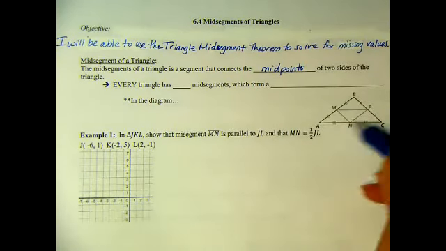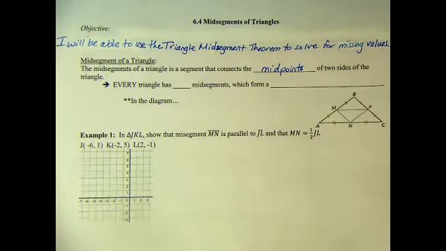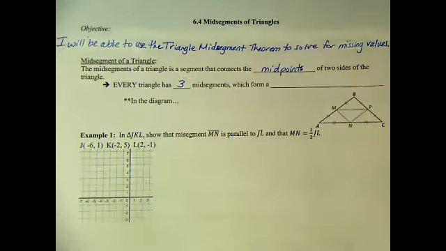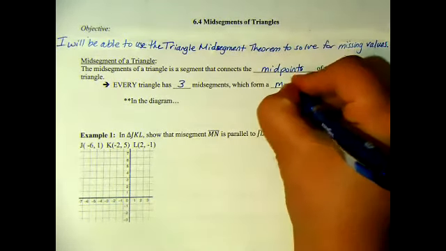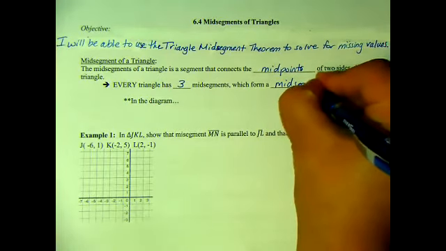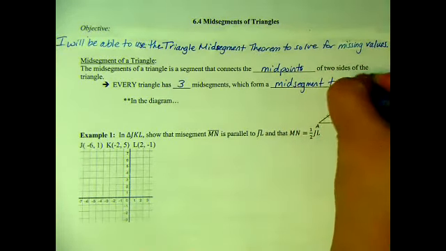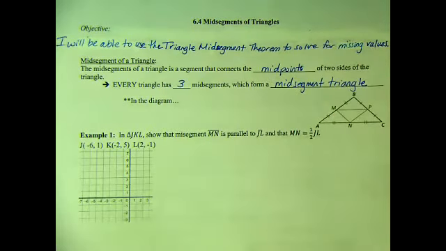With these two sides, it's connecting the midpoint of that side and that side. So you can have up to 3 mid-segments in one triangle. Every triangle has 3 mid-segments, which form a smaller triangle called the mid-segment triangle because it's made up of mid-segments.